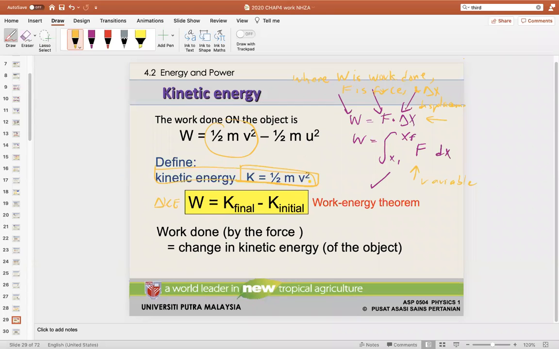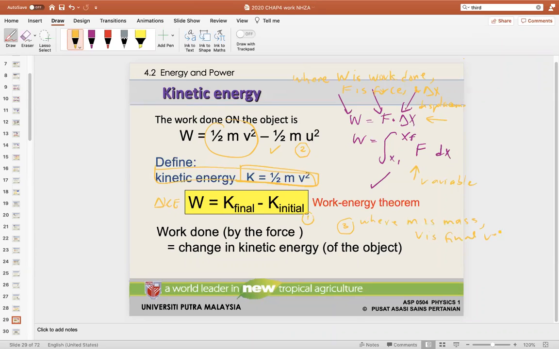Okay, if they were to ask you what is the work energy theorem, you can write this equation, boleh? You can write this as the first one, this one as the second one, third one, where M is mass, V is velocity, final velocity.